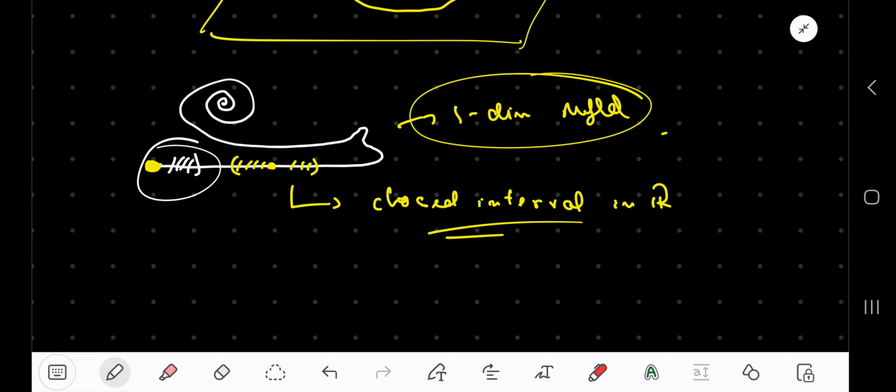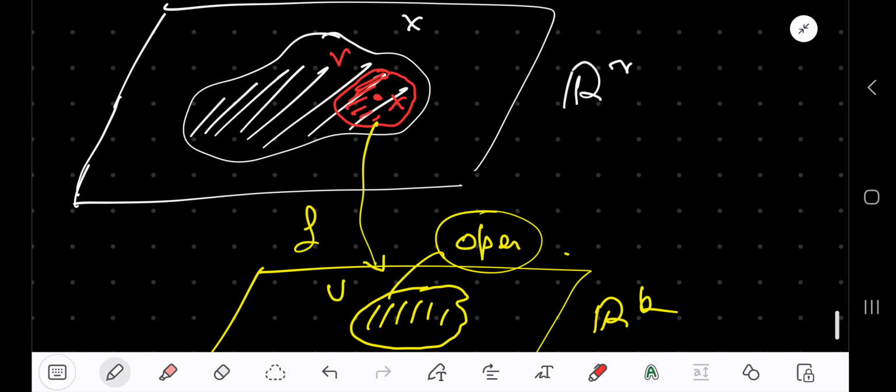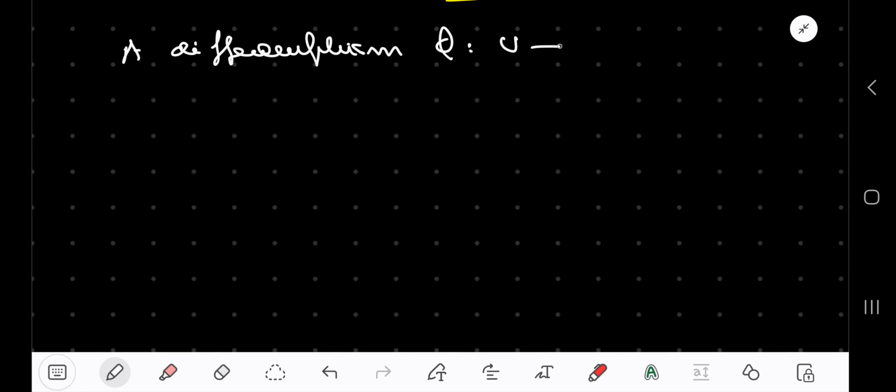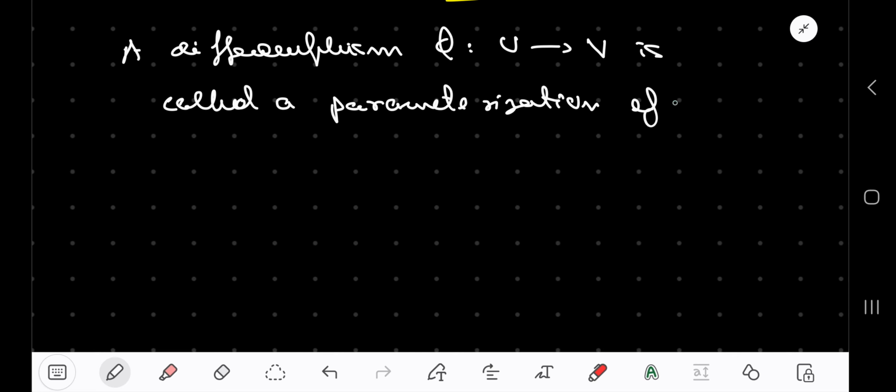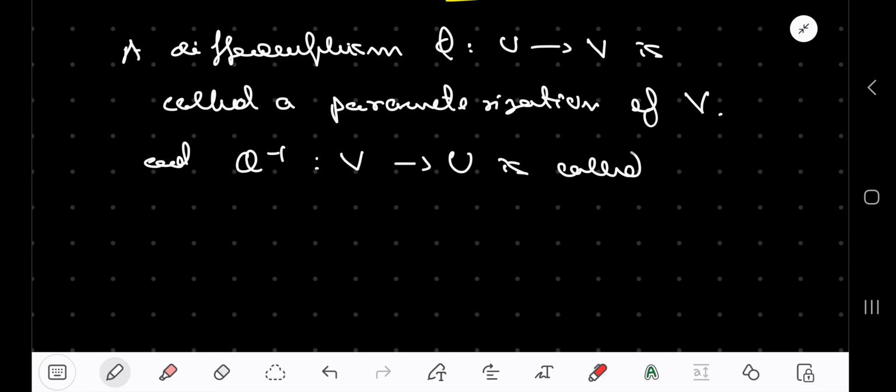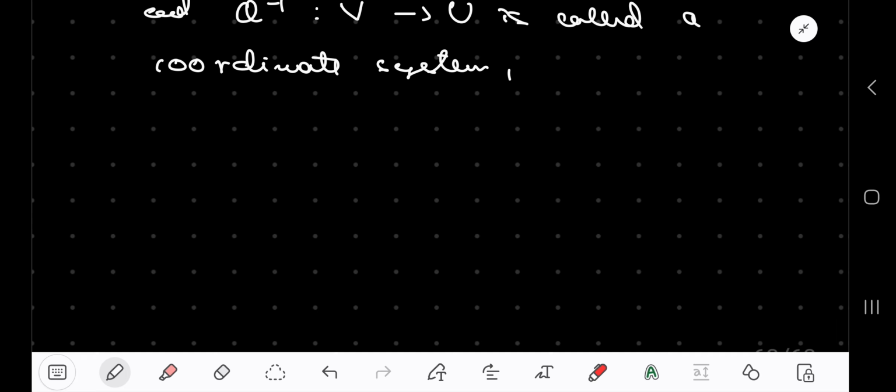Once we have a diffeomorphism in this sense, a diffeomorphism phi from U to V, where V was a neighborhood around a point in the space X, and U is the open set in Rk which is diffeomorphic to that neighborhood, is called a parameterization of V, and phi inverse from V to U is called a coordinate system of V. The reason is that phi inverse, since it resides in Rk, has some coordinate structure.